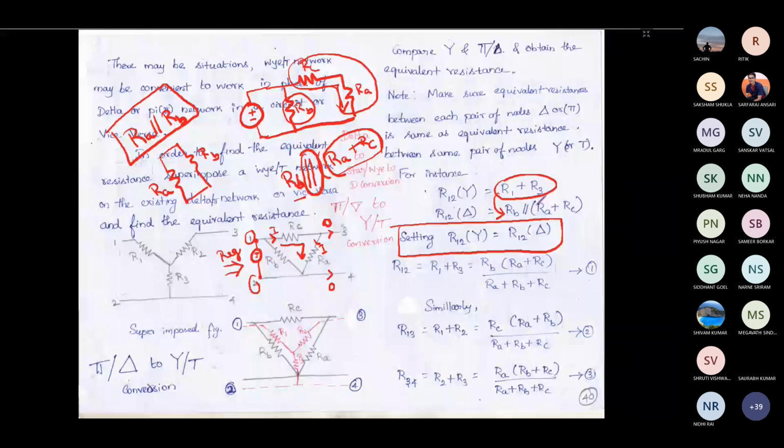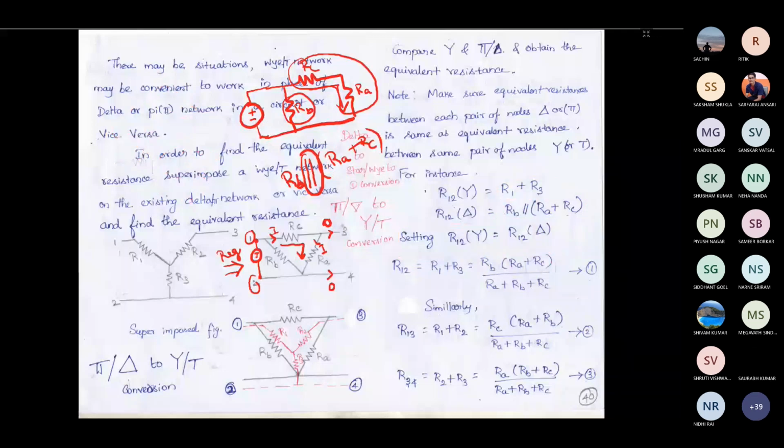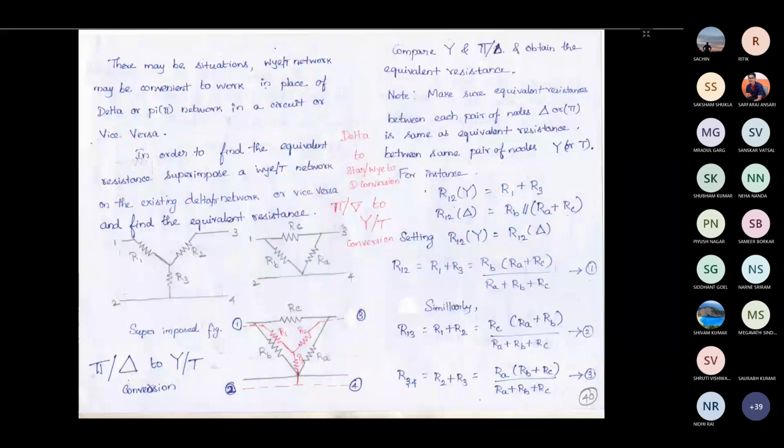When I equate this, we will talk about this R12. Before that, let us talk about this. I have taken R1 plus R3, that is equal to RB parallel to RA plus RC. Here I have taken the parallel equivalent resistance, applying the formula. You know that if two resistors are connected in parallel, I will write it as R1 R2 divided by R1 plus R2.